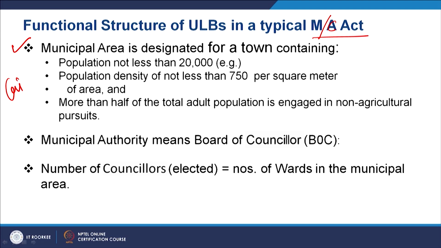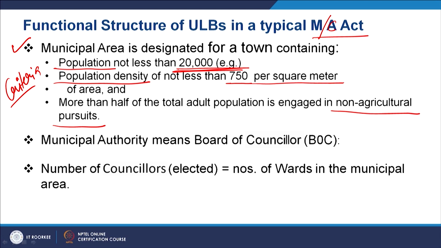As we have discussed, mostly the criteria are population density and the non-agricultural sector population. Most municipal acts mandate, say, 20,000 or 30,000 population and a population density of not less than 750 per square kilometer of the area, and more than half of the total adult population engaged in non-agricultural pursuits.